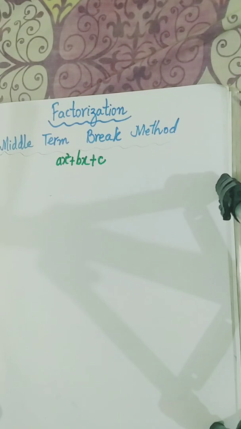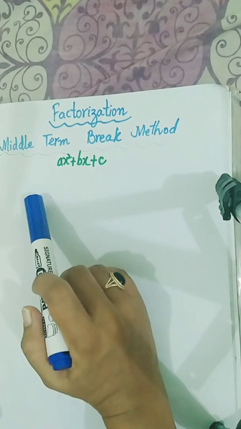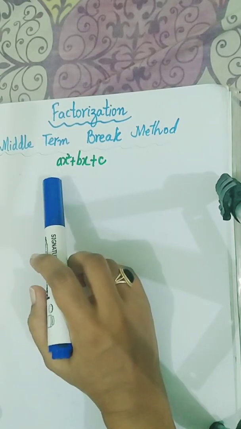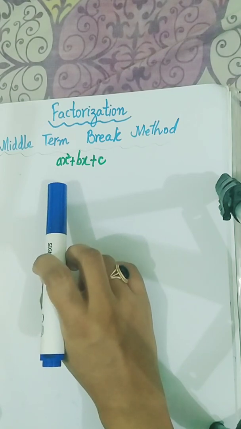Today we are going to discuss factorization using the middle term break method of any trinomial. We have already discussed the middle term break method, but why are we discussing it again today?